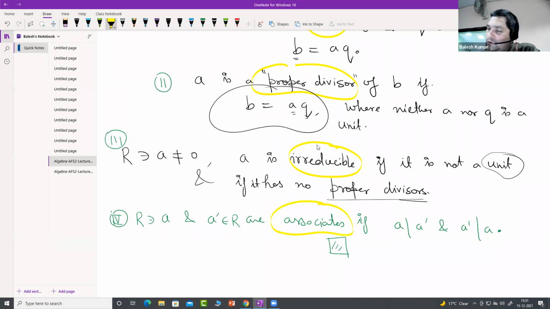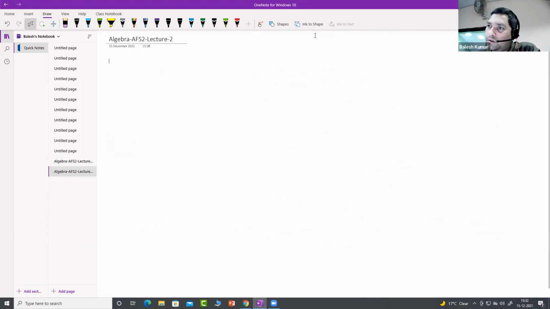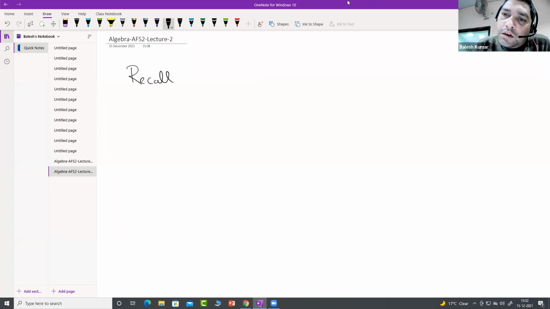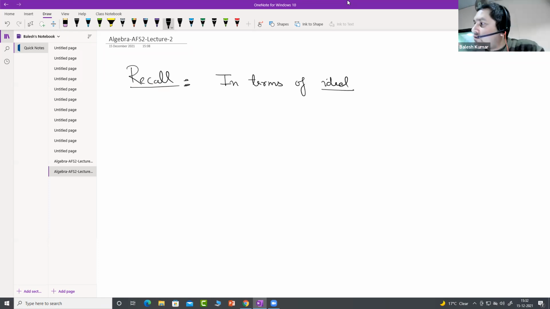Let us start with this, and we will again recall these definitions in terms of ideals. In terms of ideals, divisibility can be understood in terms of containment and other things.